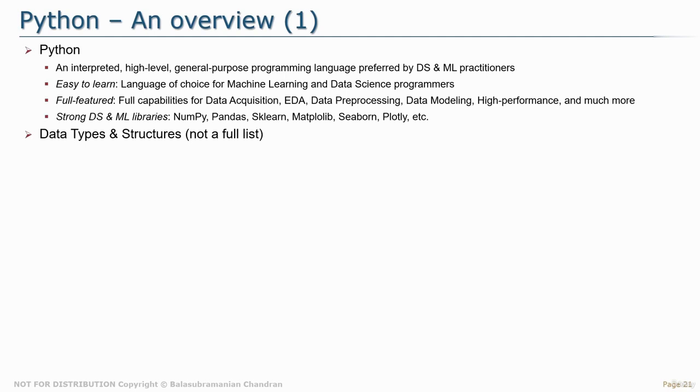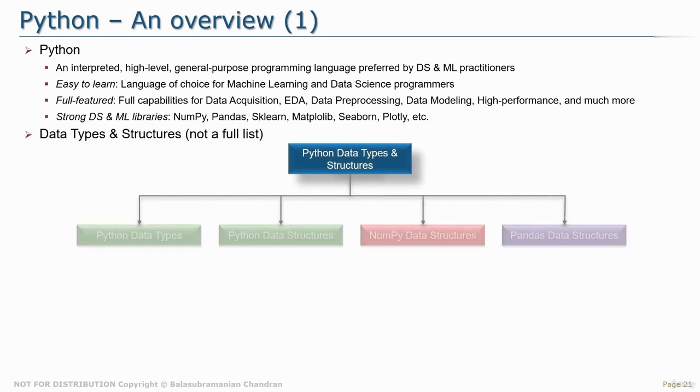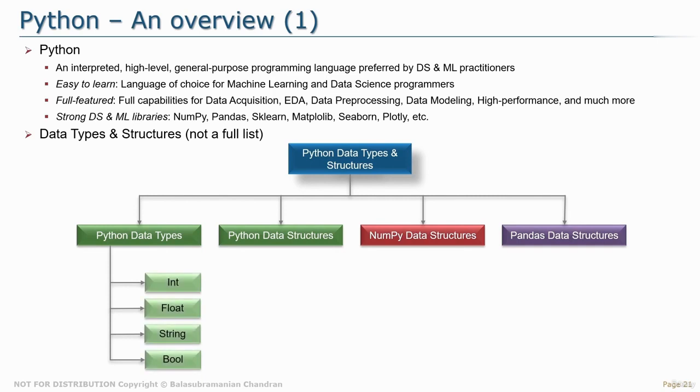In general, what are the data types and data structures available in Python? Python's native data types, Python's native data structures, NumPy's data structures, and Pandas data structures. Integer, float, string, and boolean are the data types available in Python.